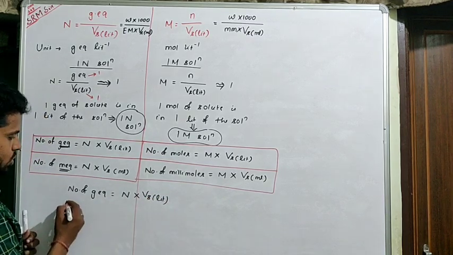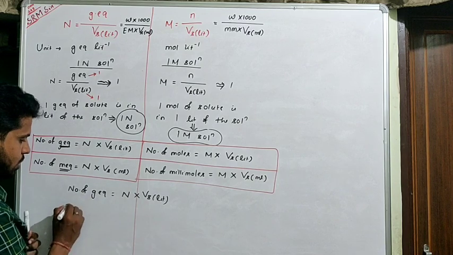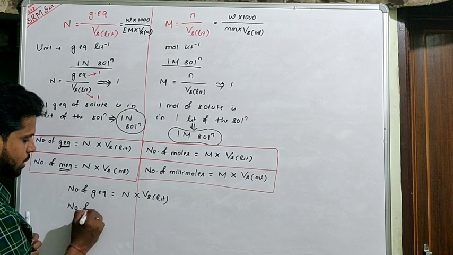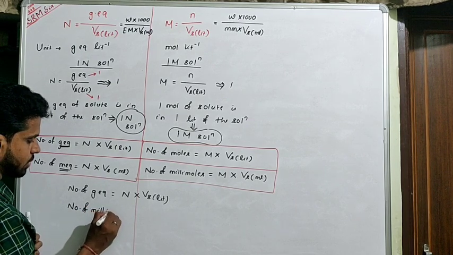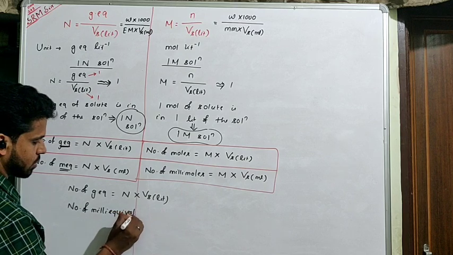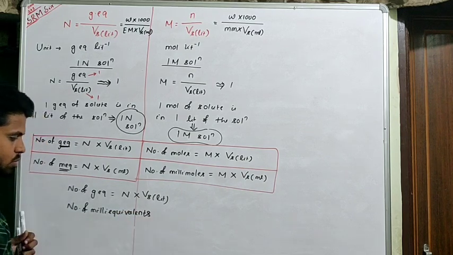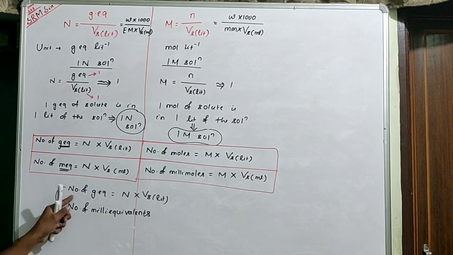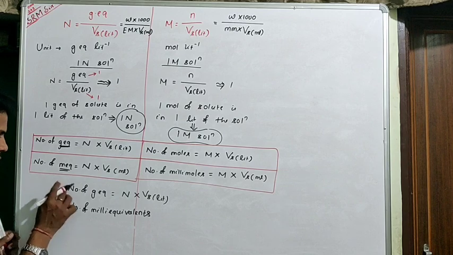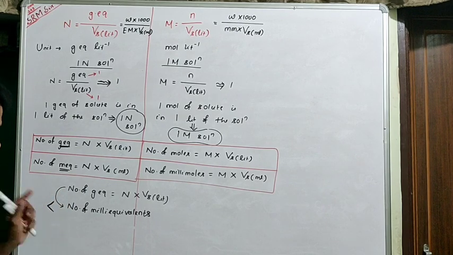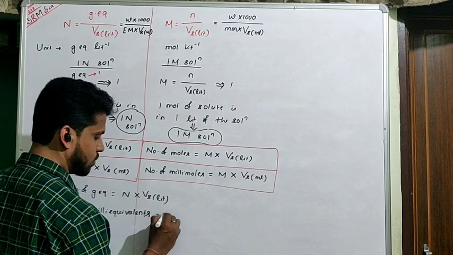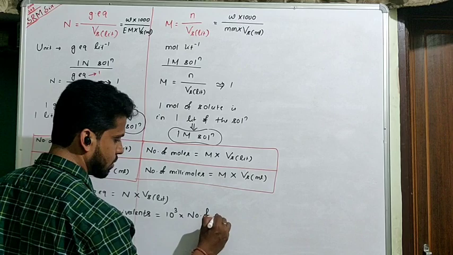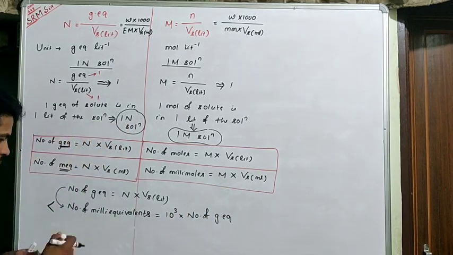So number of milli equivalents should be greater with respect to number of gram equivalents. That's why number of milli equivalents equals 10 to the power 3 into number of gram equivalents.